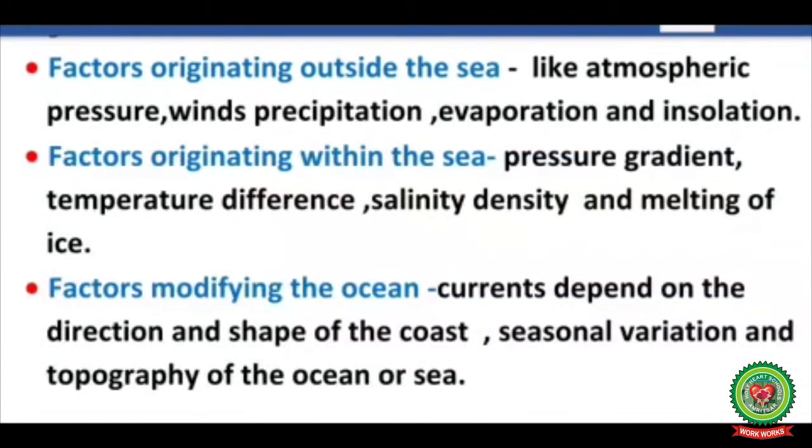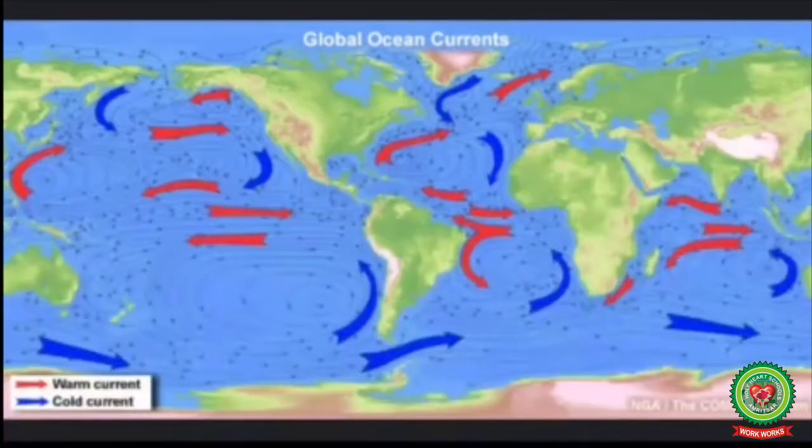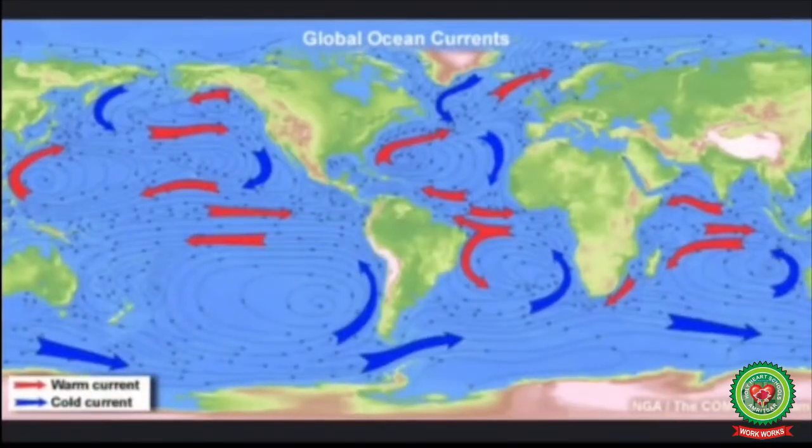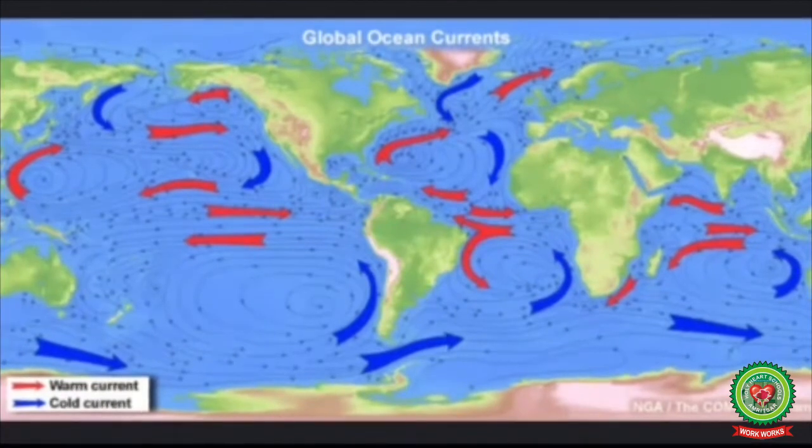As it rains every day in the equatorial region, the water level in the ocean increases, whereas the polar areas, which are cooler, have less precipitation, so they have less water in the oceans.